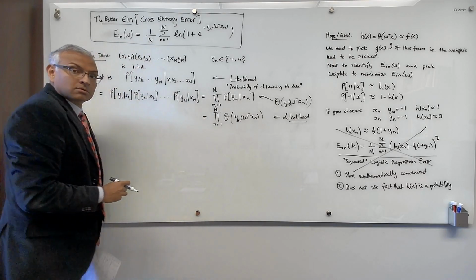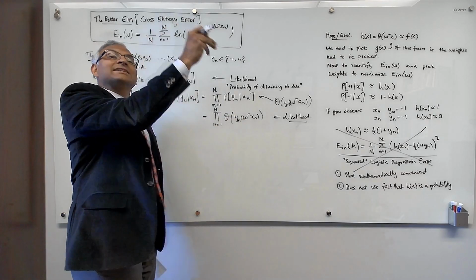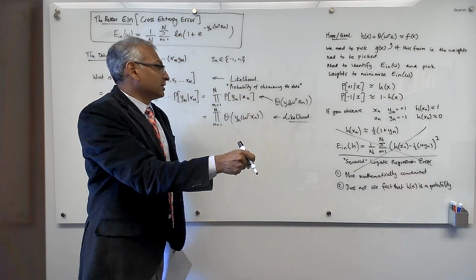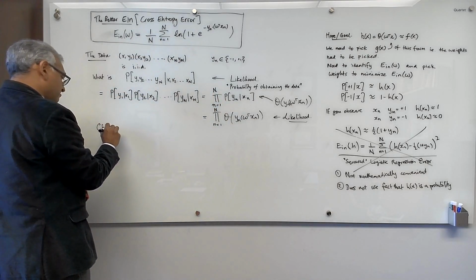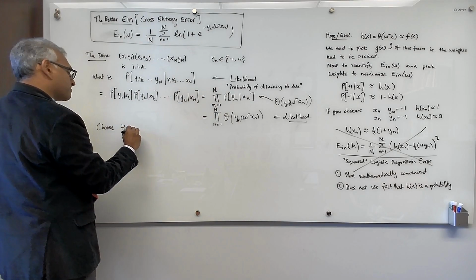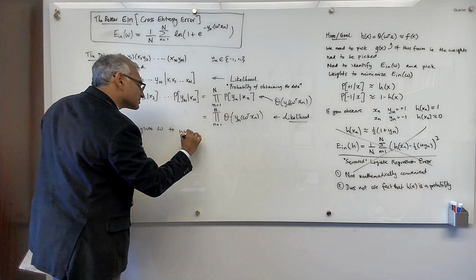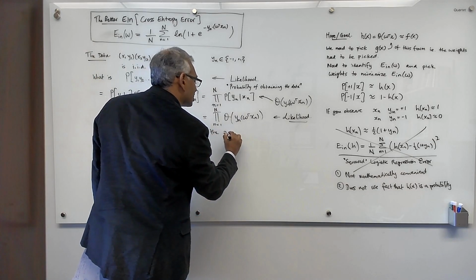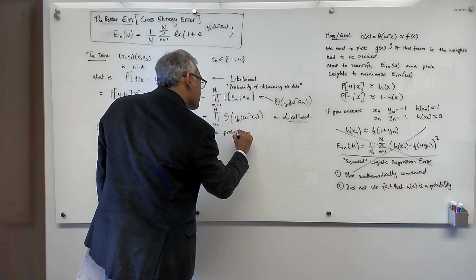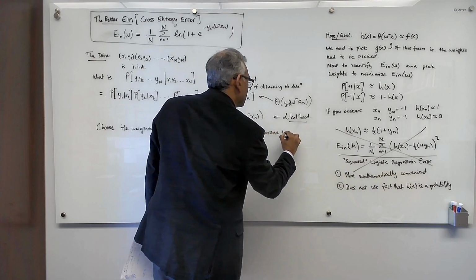So the natural thing to do is to find the choice of weights W that maximizes the probability of observing the data. So choose the weights W to maximize the probability, the chances, to observe the data.